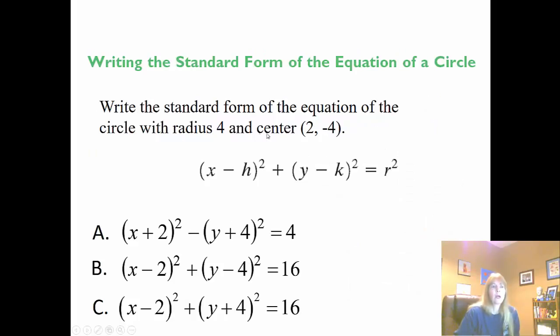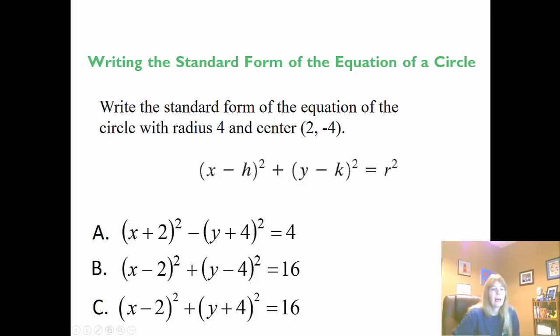Okay, if we want to talk about the standard form of a circle, this is the formula. It says, write the standard form of the equation of the circle with radius 4 and center (2, -4). The (h, k) is your center, and r, of course, is your radius.